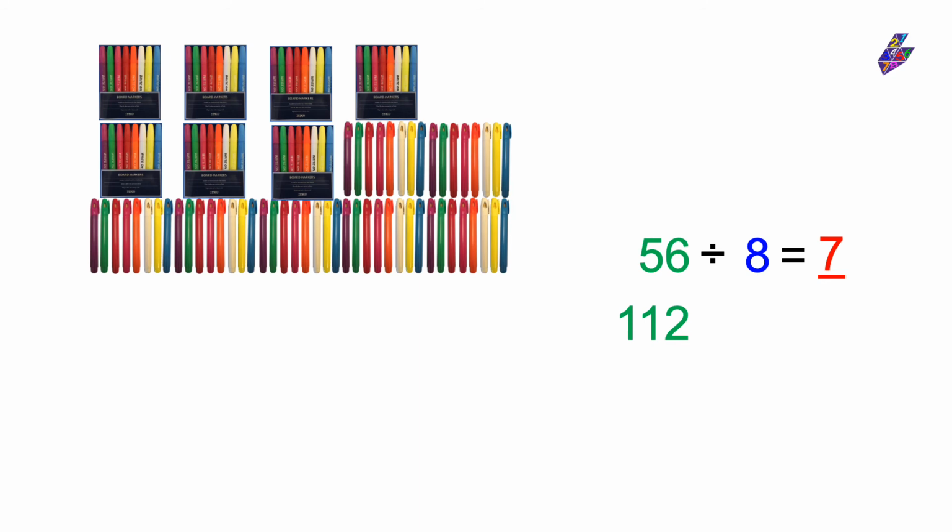Double 50 is 100, and double 6 is 12, which means double 56 is 112. If we have double the number of pens, then you may have been able to reason that we would end up with double the number of packs. So 112 divided into groups of 8 would be 14 packs.